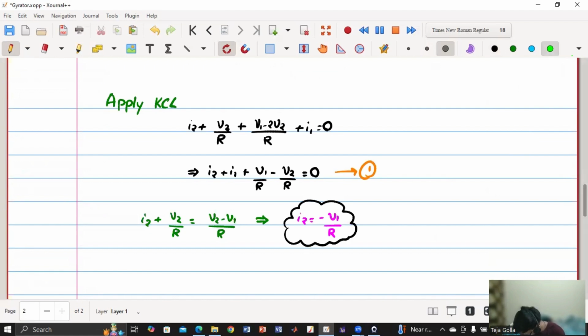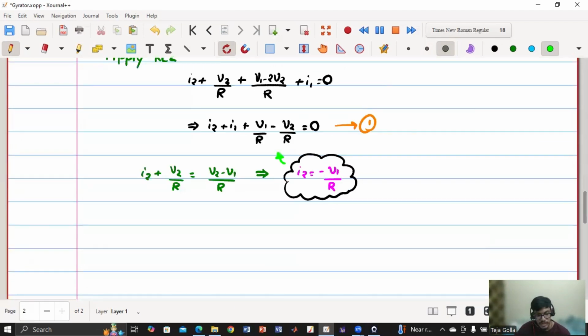Now if we substitute this here, I2 is minus V1 by R, then we'll get minus V1 by R plus I1 plus V1 by R minus V2 by R is equal to 0.